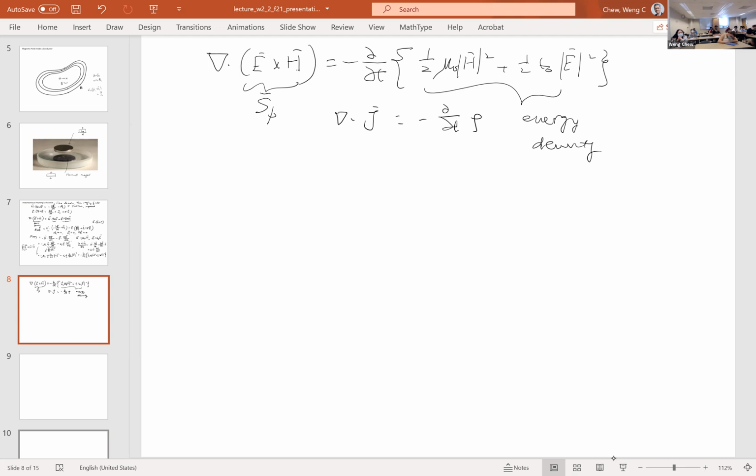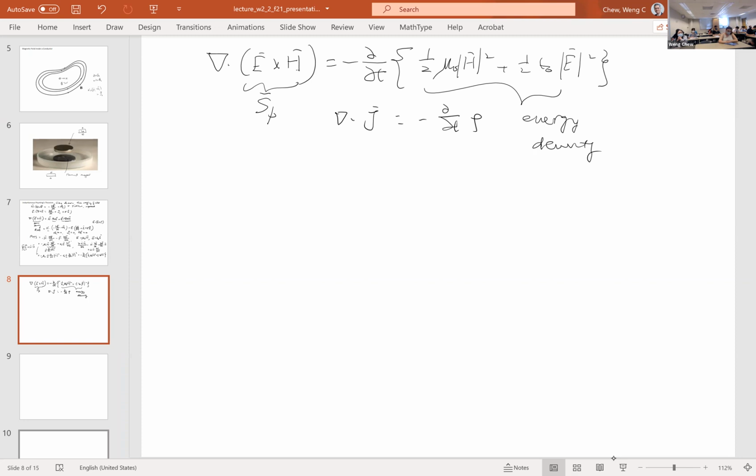One of the things that we as good engineers do to make sure that we have derived the correct formula is to check if the dimension of all the formulas that you have is correct. So the quantity that I call energy density on the right-hand side would eventually have the dimension of joules per meter cubed.